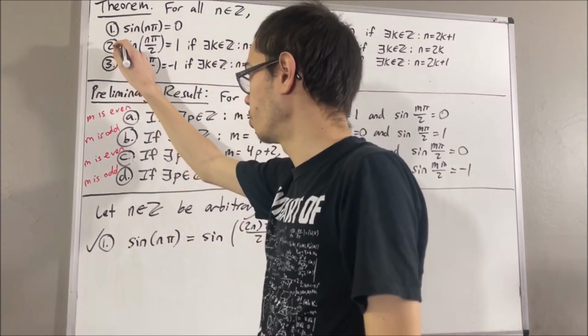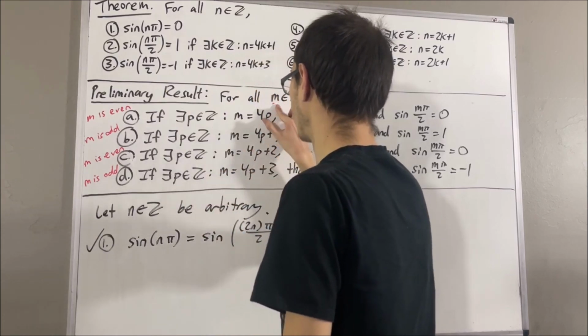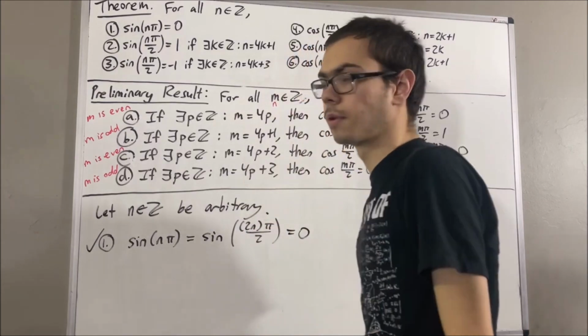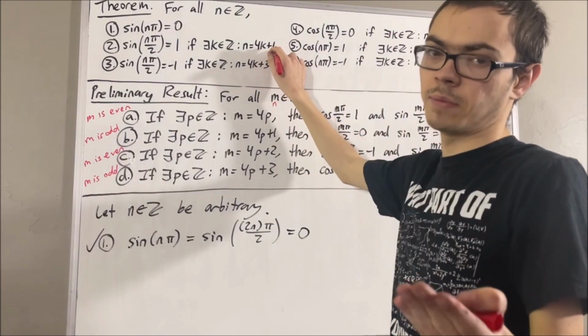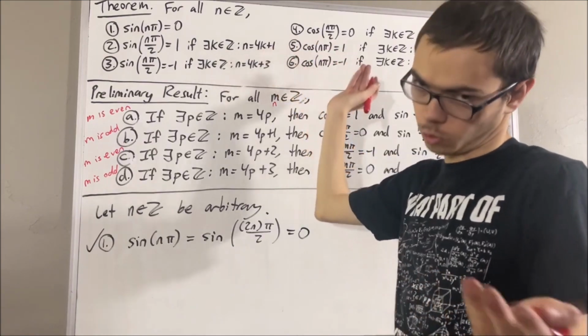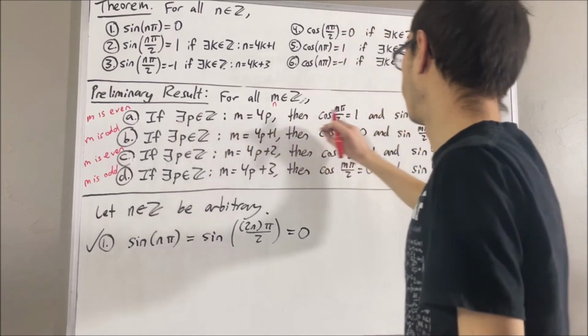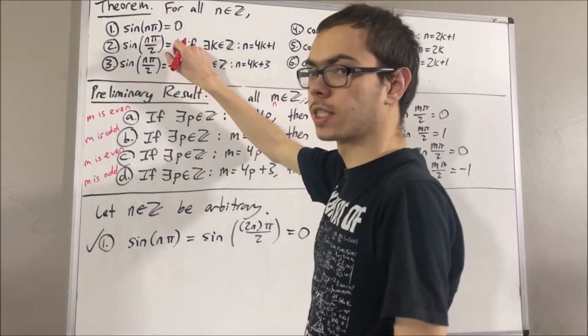As for result number 2, this is actually immediate, right? Because in this case, we'll take m to be n. Since n is of the form 4k plus 1, that's the same thing as saying n is of the form 4p plus 1. So n is going to fall under case B. And we have sine of n pi over 2 is equal to 1, which is exactly what we want.